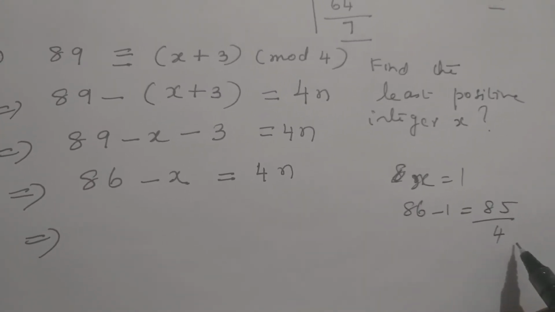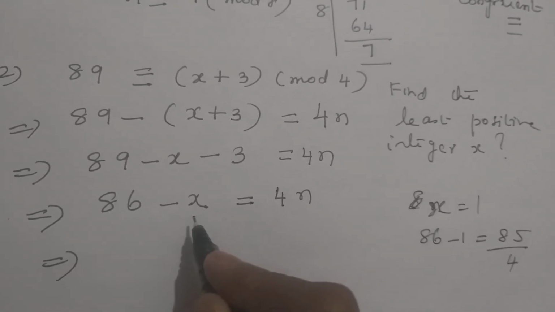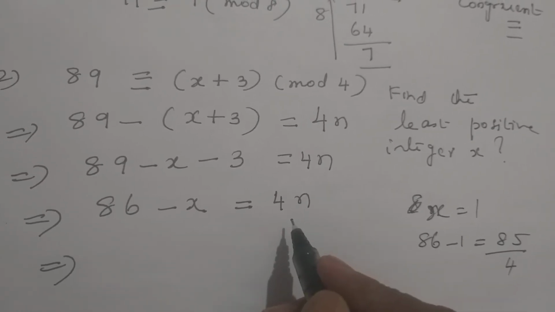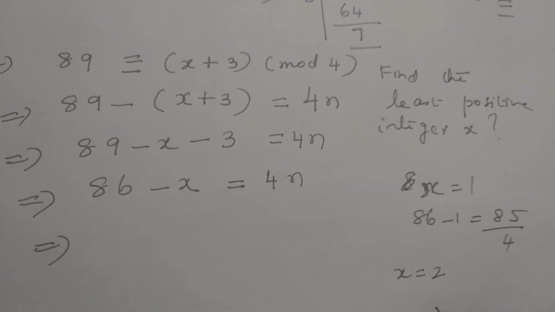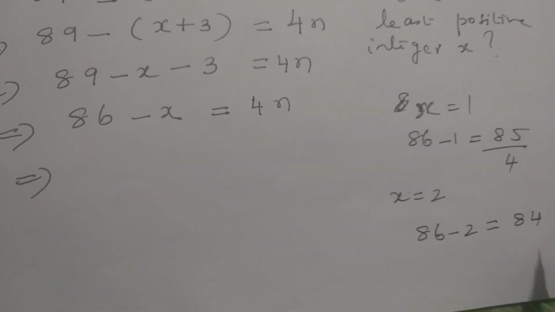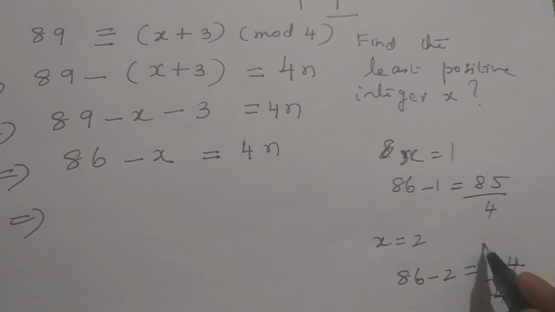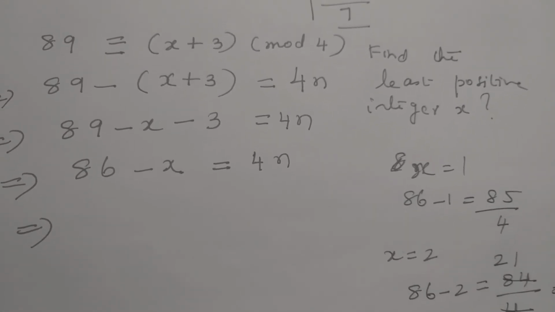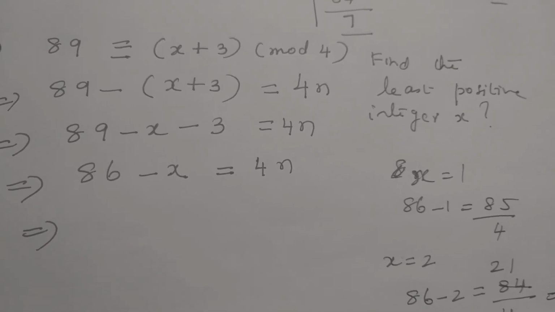You will get a remainder. When you are dividing, you should not get a remainder. Your remainder must be 0. Next you take x equal to 2. So 86 minus 2 is equal to 84. When you divide by 4, 8 goes 2 times, 4 goes 1 time, you are getting the value 21. So what is the value now?